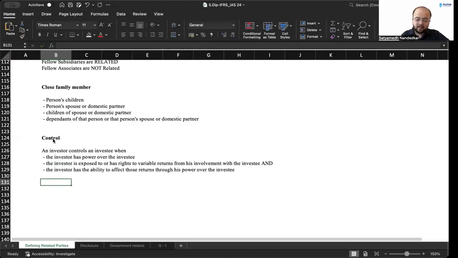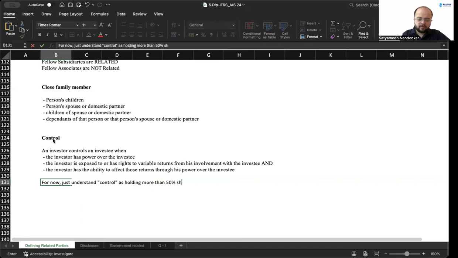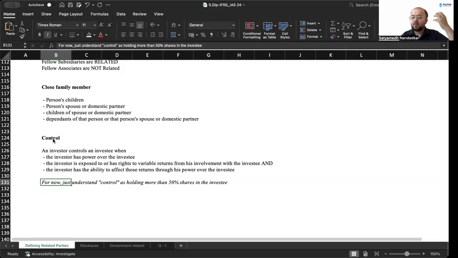Now keep one thing in mind, that for now, just understand control as holding more than 50% shares in the investee. When we do consolidation, I will introduce more and more nuances, more and more aspects of the term control.